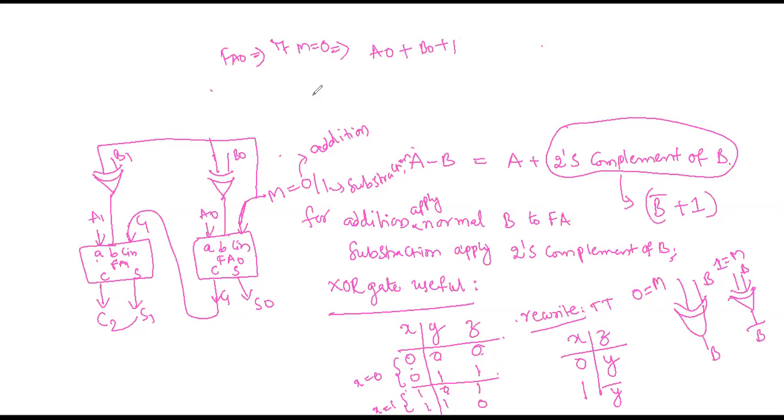If M is equal to 1, what will you get? A0 plus B0 bar plus M, which is 1. So B0 bar plus 1, nothing but the 2's complement of B0.